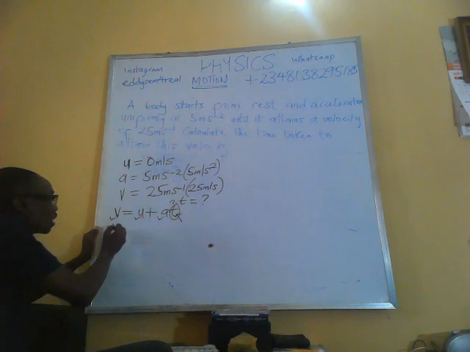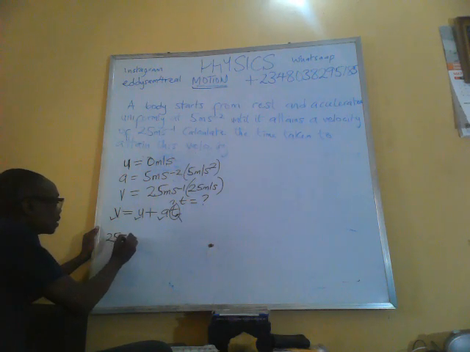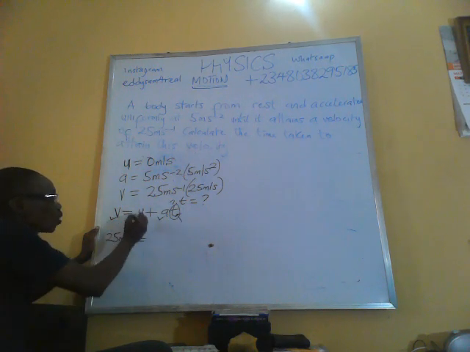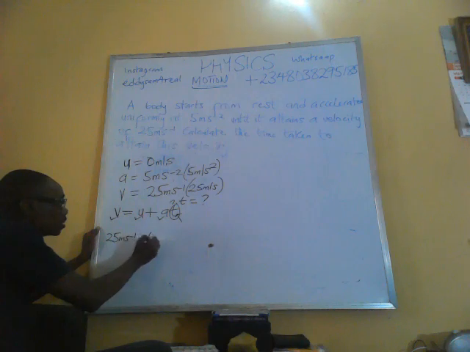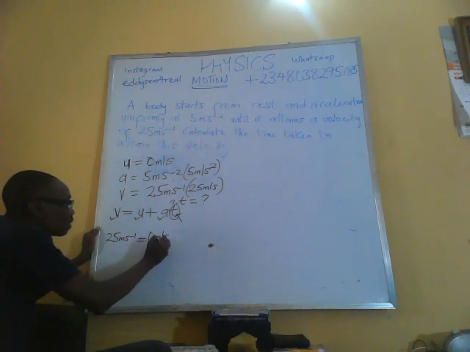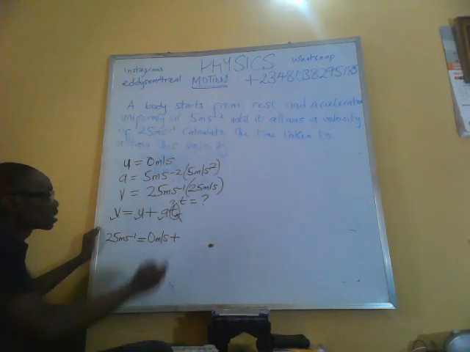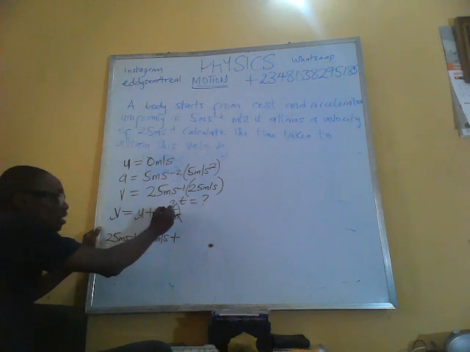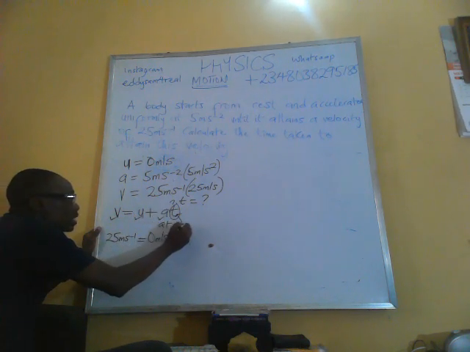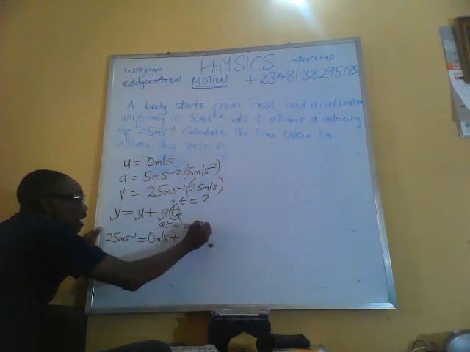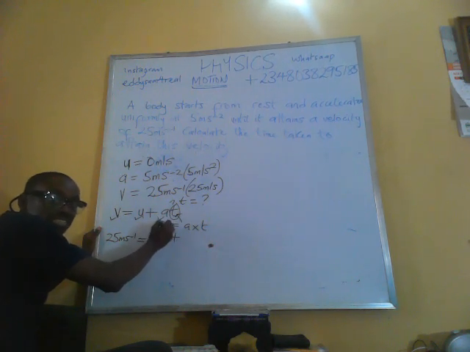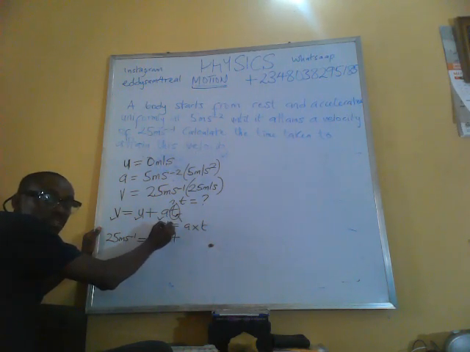Final velocity is 25 meters per second, equal to initial velocity, which is 0 meters per second, plus acceleration AT, which means A times T. That is acceleration times time. That is what this AT means.